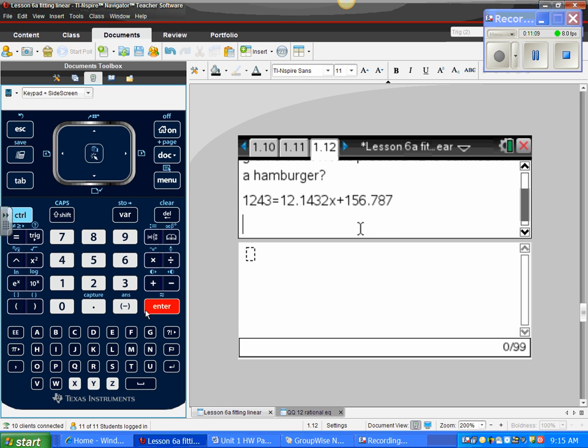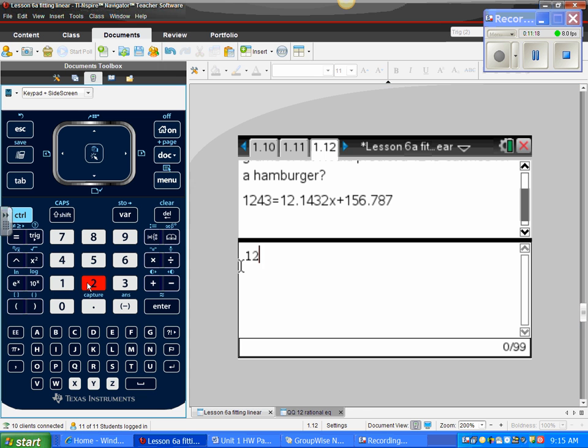So how would I solve that? How do I solve for x? Good. Subtract 156.787. Okay. Good. And divide.